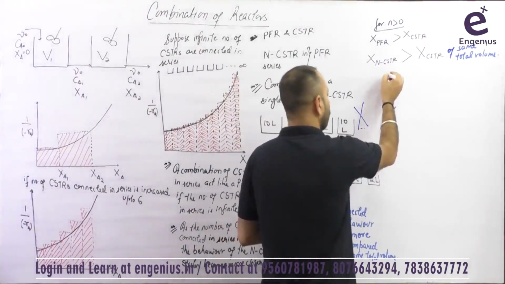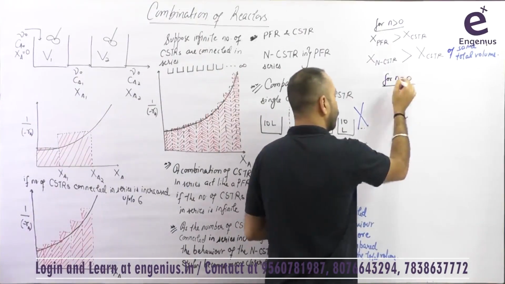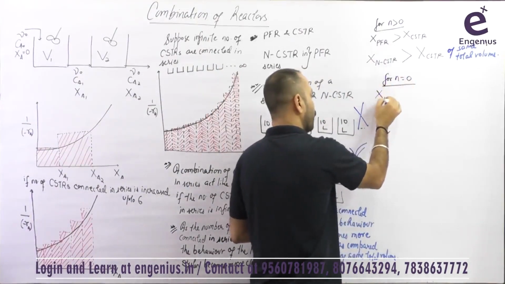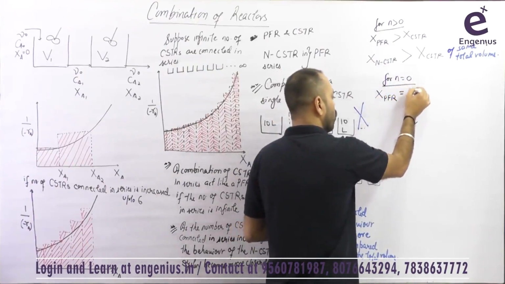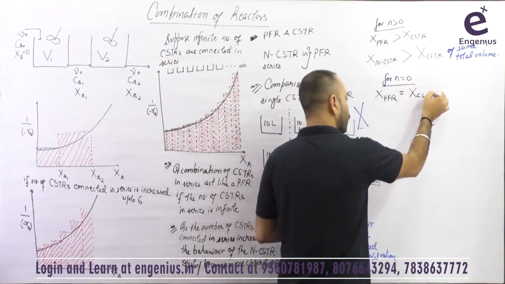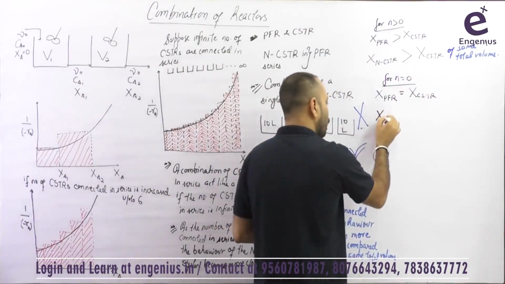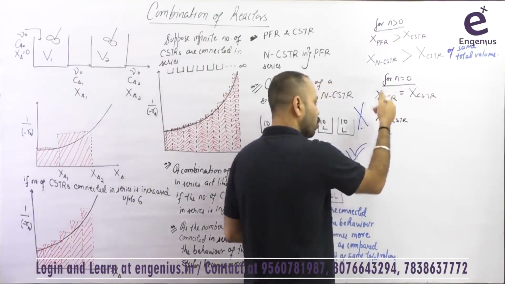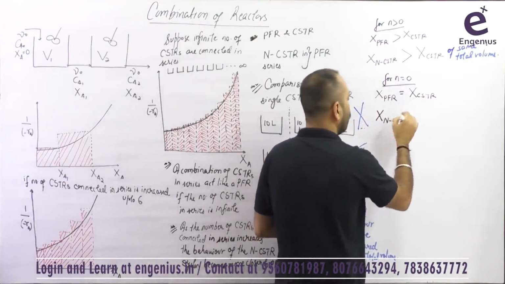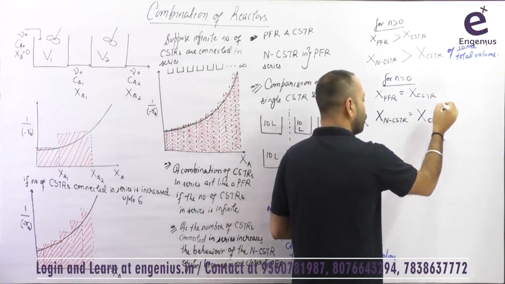Next is n equal to 0. What we have studied is that for a zero order reaction, conversion obtained in a PFR is equal to conversion obtained in a CSTR if they have the same volume, right? So in this case, conversion obtained in a system of n CSTRs, behaving more closer to PFR, should be equal to the conversion obtained in a single CSTR of the same total volume.